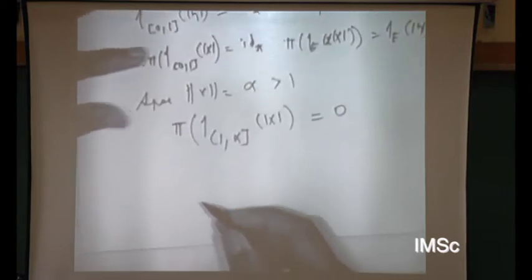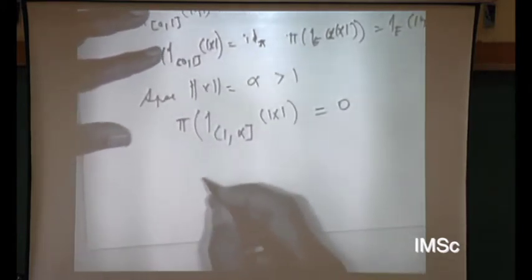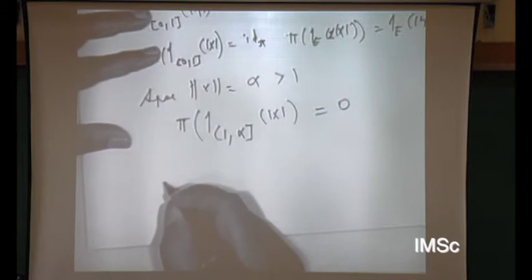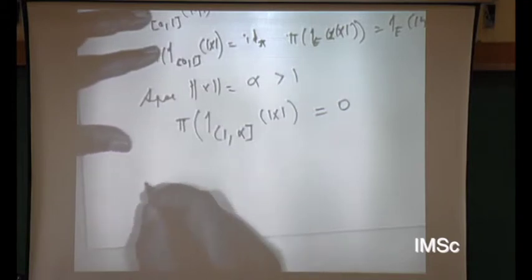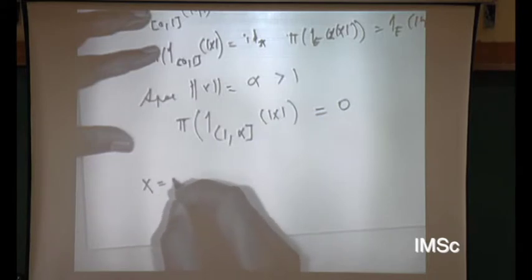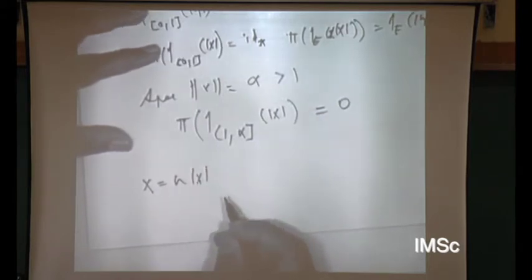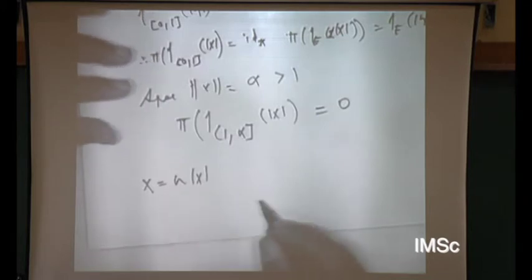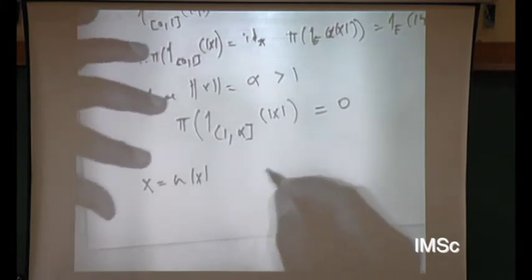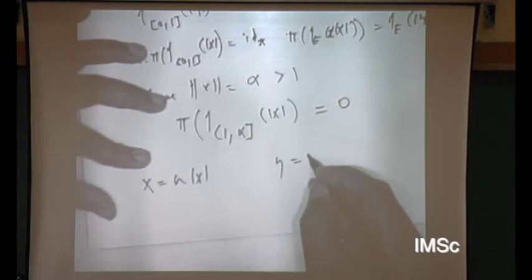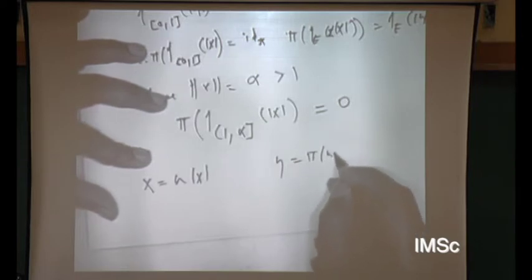So what does all this mean? That means if I take, say, suppose x has polar decomposition u mod x. Then y will be pi x, pi u, pi mod y, pi mod x.